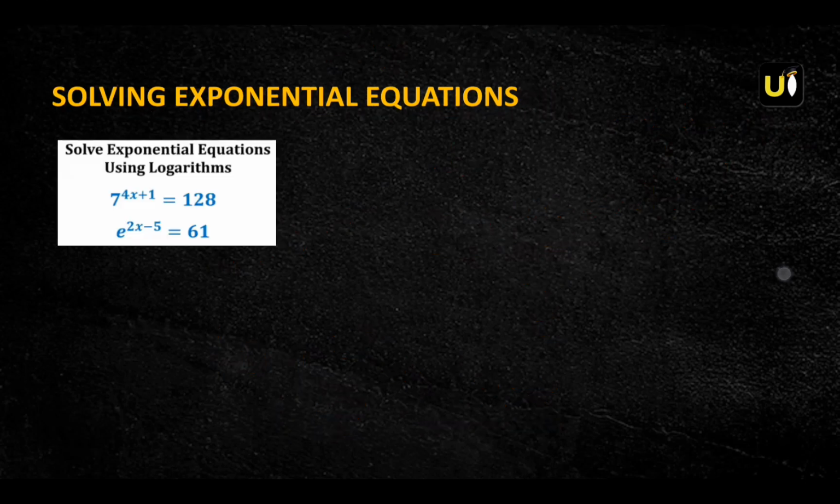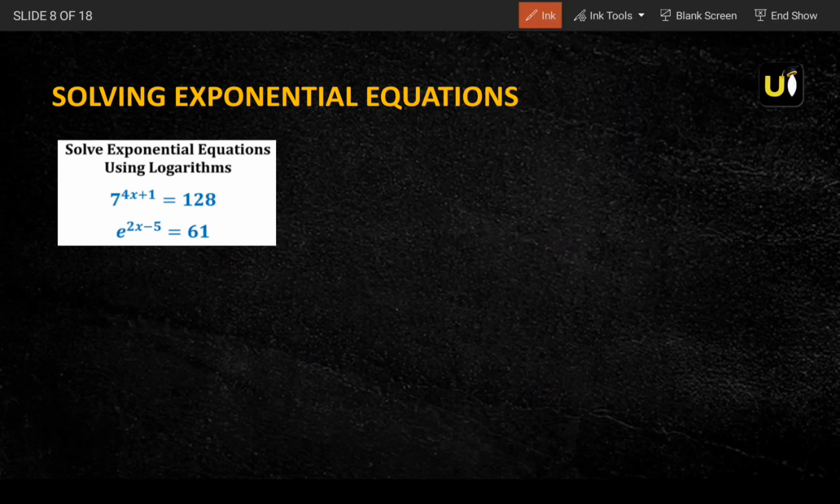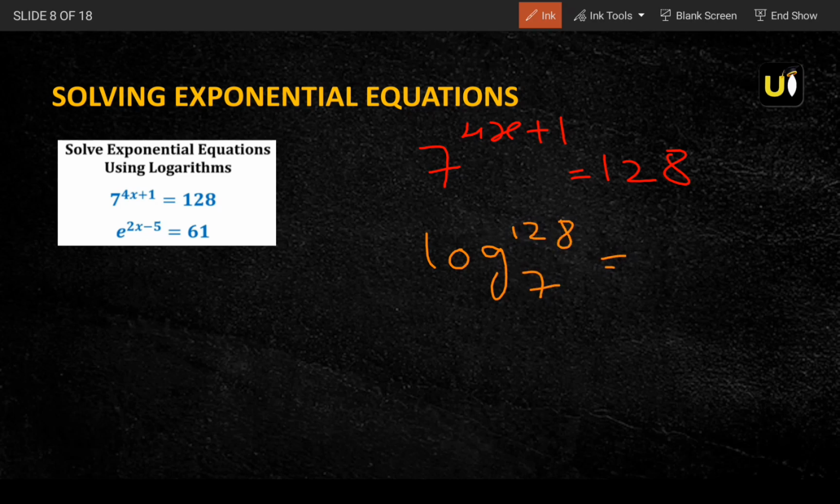Next, solving the exponential equations. For example, here we are given 7 power 4x plus 1 is equal to 128. We have discussed before, when we are given something in this exponential form, we have to convert it into logarithmic form. It's simply log 128 to the base 7 is equal to 4x plus 1.